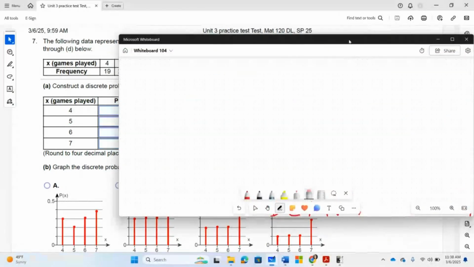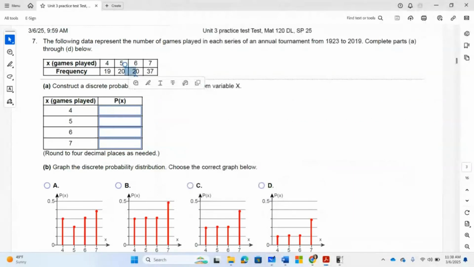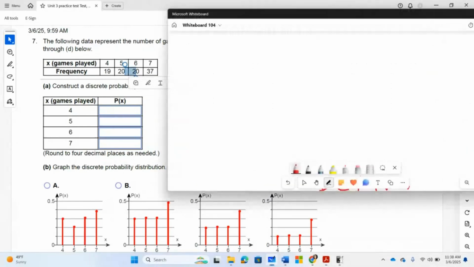The question is asking you to convert the frequency distribution to probability distribution. Remember, we did it in Unit 1, but that time we called it the relative frequency distribution. But relative frequency is the same as probability. So I am going to convert this table right here.